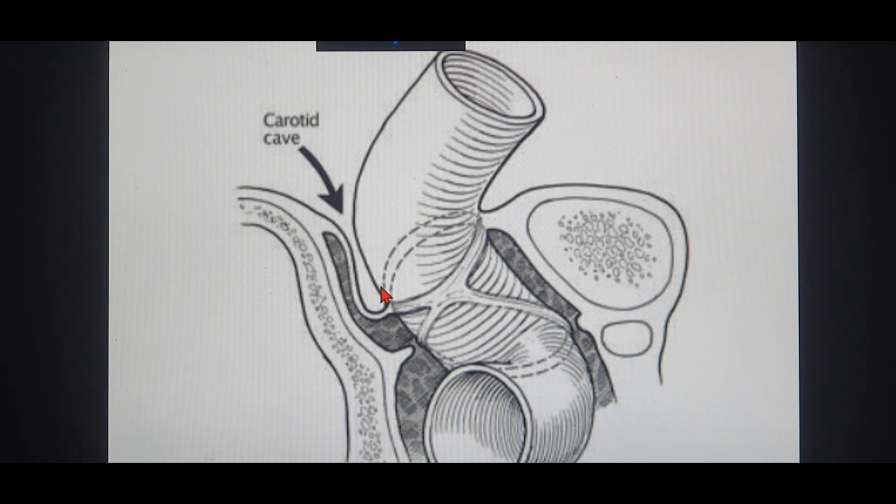So some part of the ICA is also covered with the arachnoid layer as well. So this region of the ICA will be covered with some area of dura mater and some area of the arachnoid as well. So if there is an aneurysm in this region and the aneurysm bursts open, it may sometimes cause a subarachnoid hemorrhage as well.